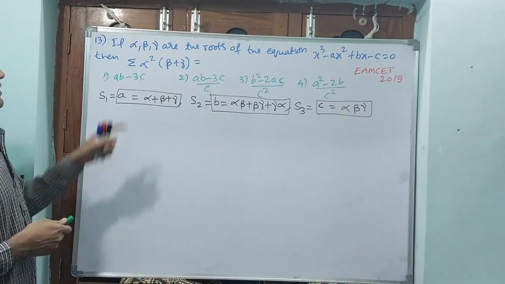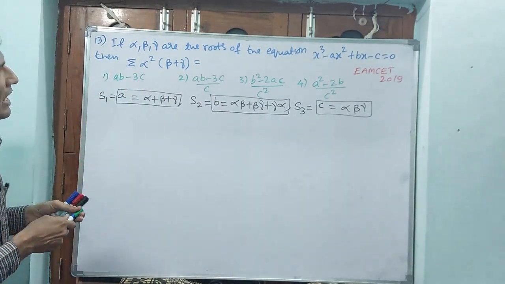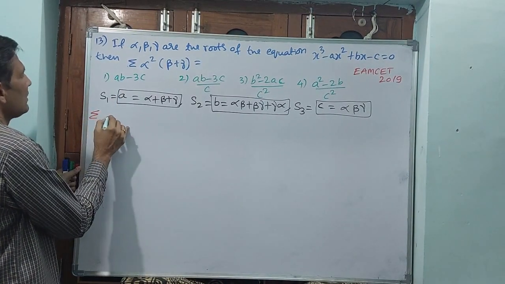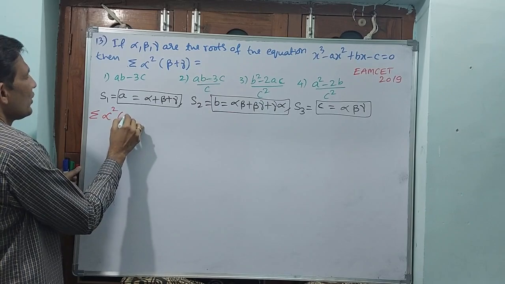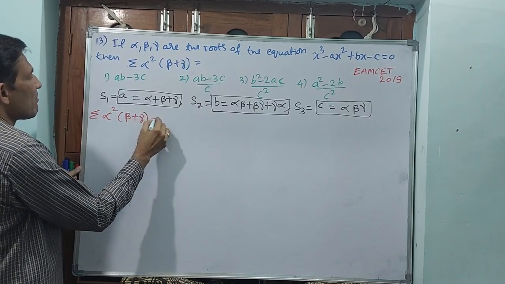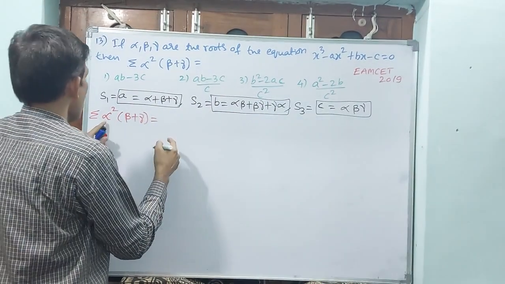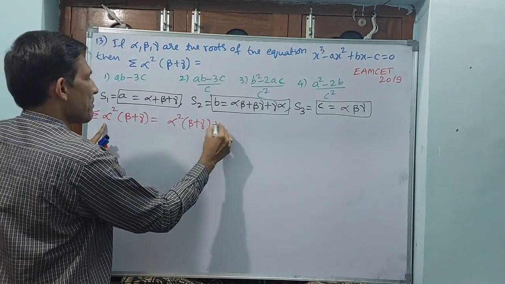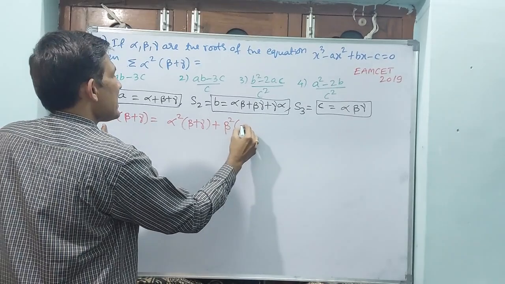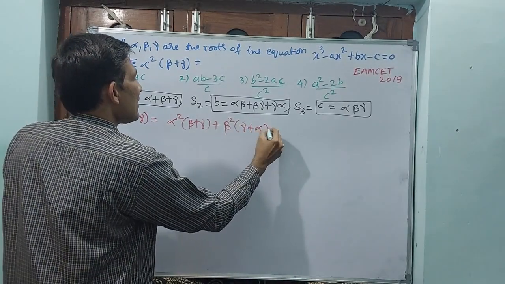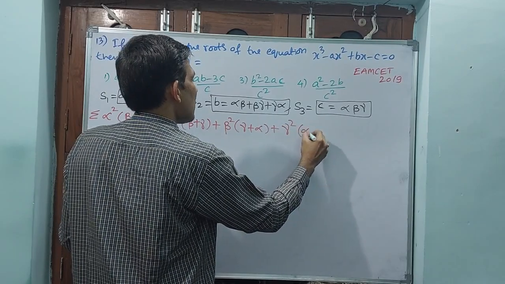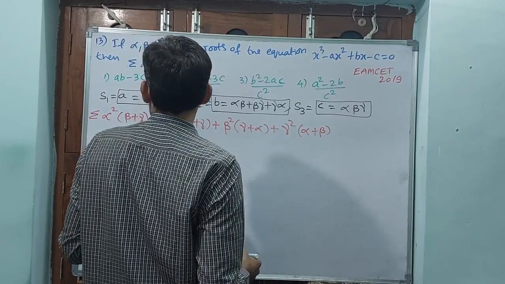Now go back again. See, this I am writing now. How I am converting, you observe carefully. Sigma alpha square into beta plus gamma means alpha square into beta plus gamma plus beta square into gamma plus alpha plus gamma square into alpha plus beta.